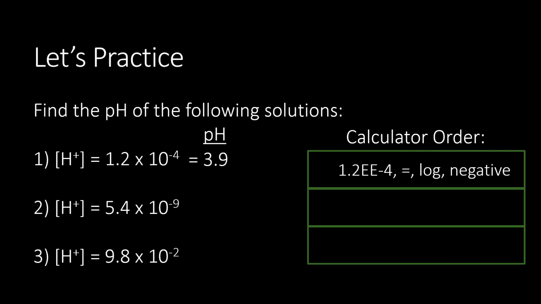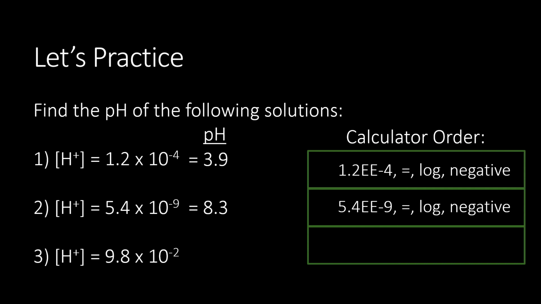Number 2, this solution has a hydrogen ion concentration of 5.4 times 10 to the -9. So that's what I type in first. I type in 5.4 EE -9, then hit my equals, then hit my log, and then finally negative to get 8.3.